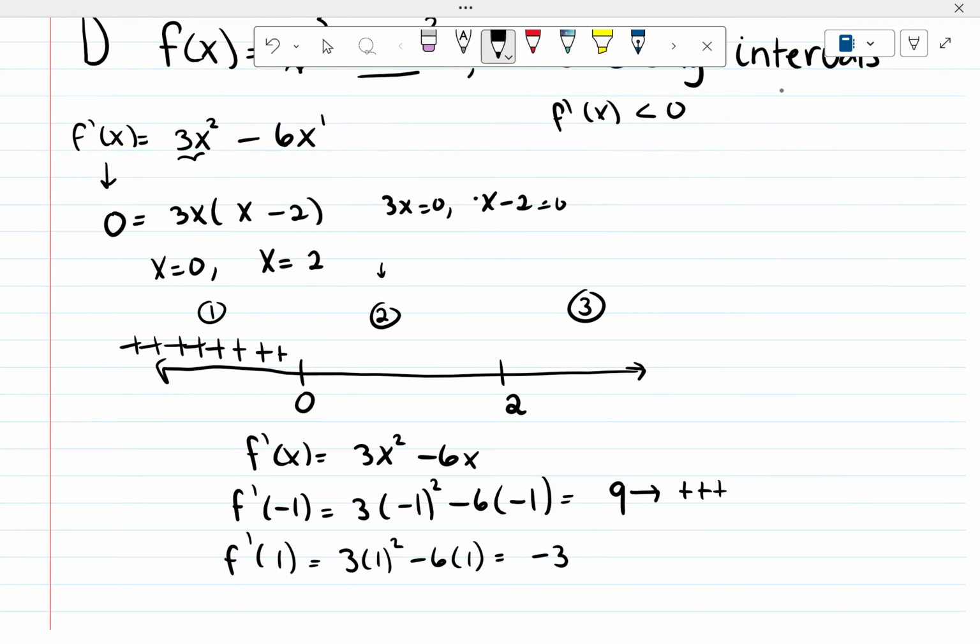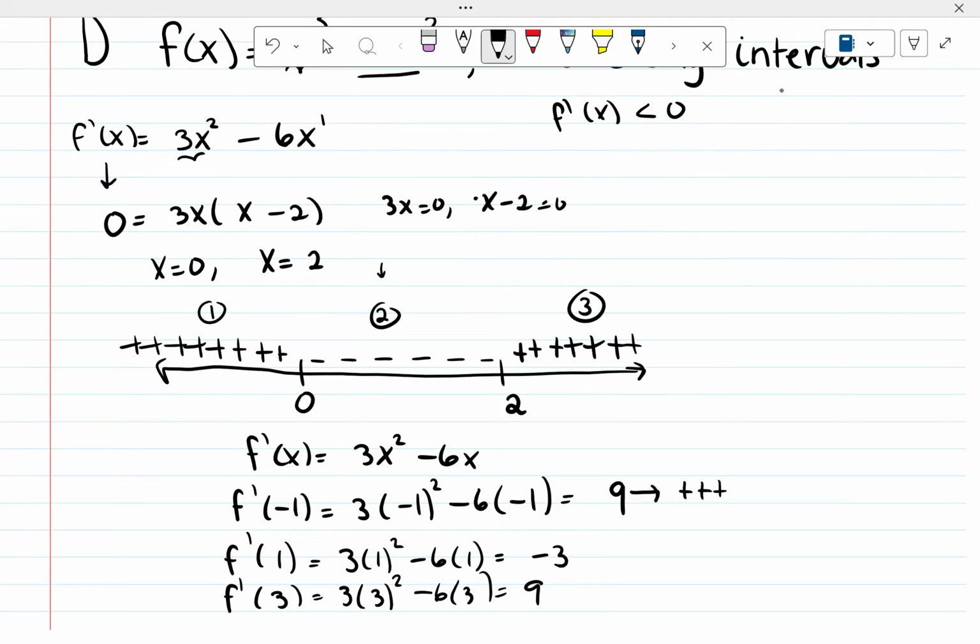Now, it's a negative, so you're going to put a little minus. And then let's test region 3. I need a number greater than 2, maybe 3. So when I plug in 3, it spits out 9. And it's positive 9, so you're going to put a plus.